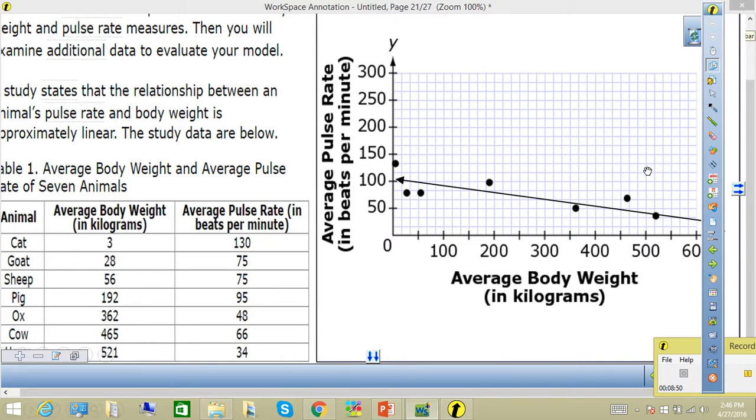Who said 100? I'll take 100 because it's pretty close. Is that correct?